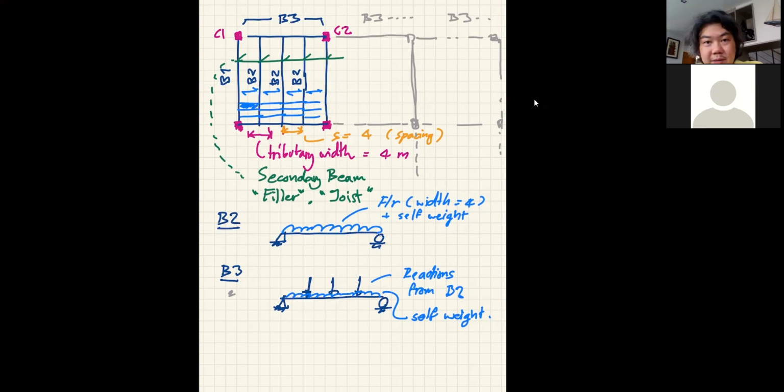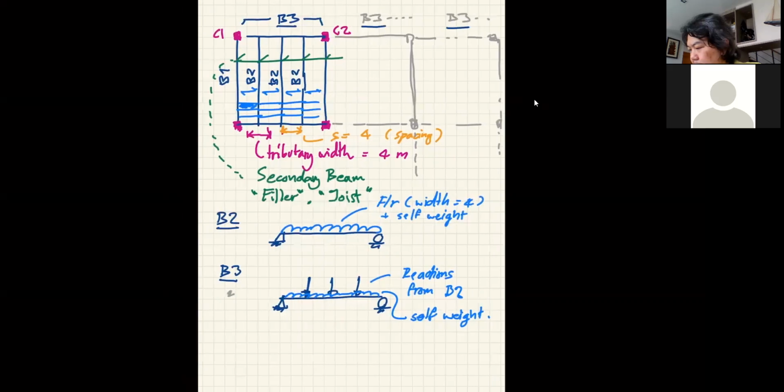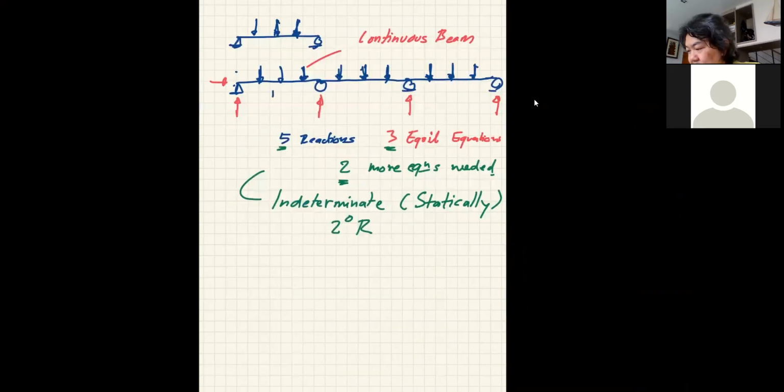I was very well taught by experienced seniors, and let's say in naming things like this, if it's a continuous beam, as you can see here, the names would be B3, and if it's the same details and it's continuous, it should be B3 and B3 and B3. We don't change the name around because they are a continuous beam. So let's say I'm going to call this B3, B3, and then B3.